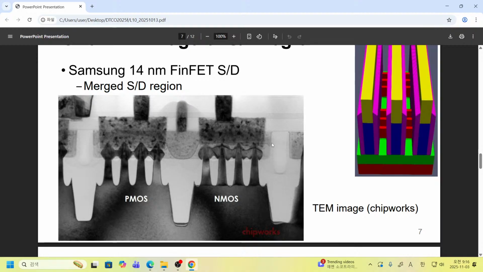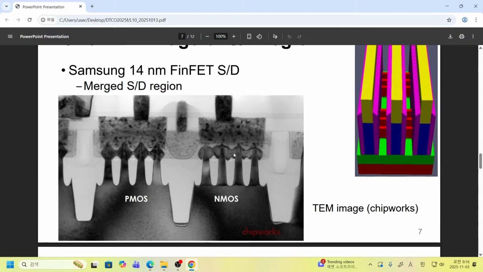This is taken from a Samsung FinFET, and when you have a look at these N MOSFET and P MOSFET, you can easily see that these fins are actually merged. They are merged in here, and the N MOSFET also has a merged shape.